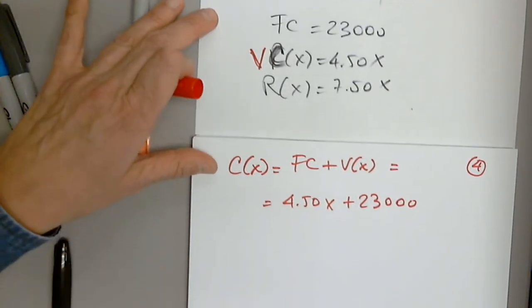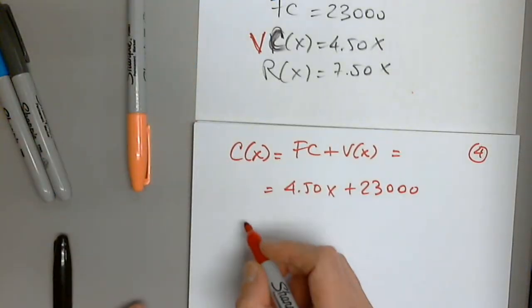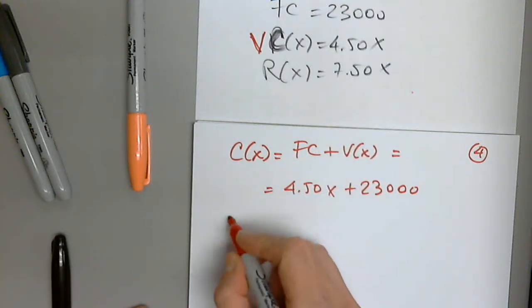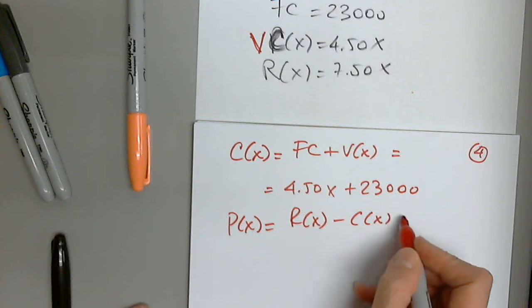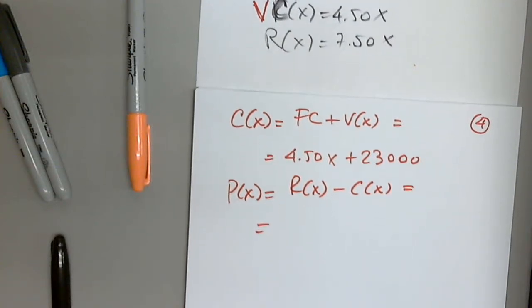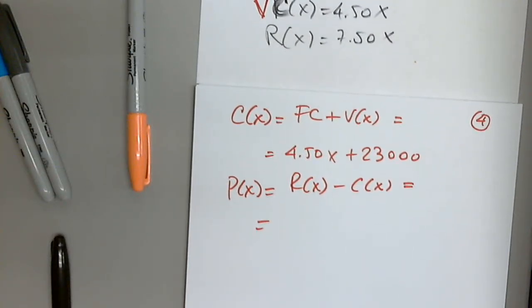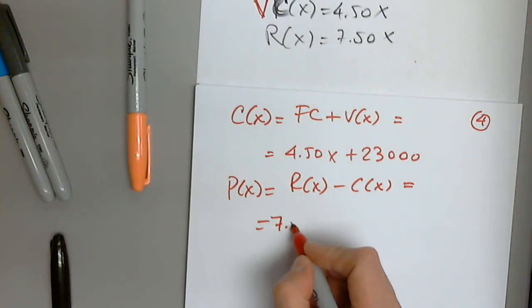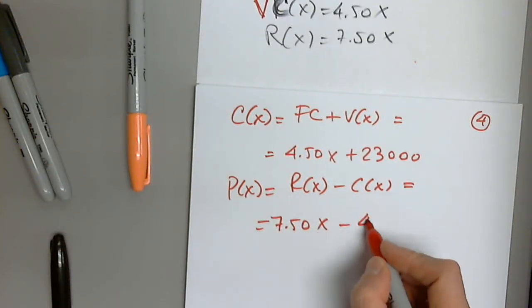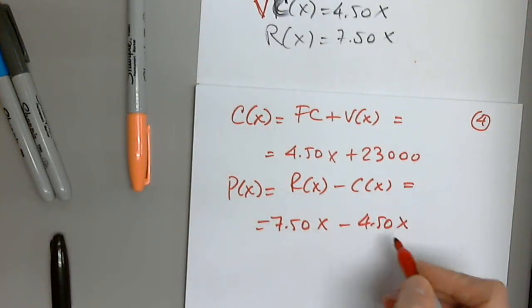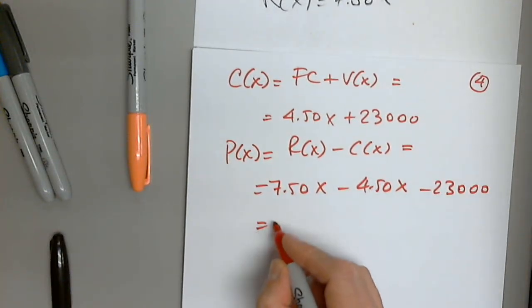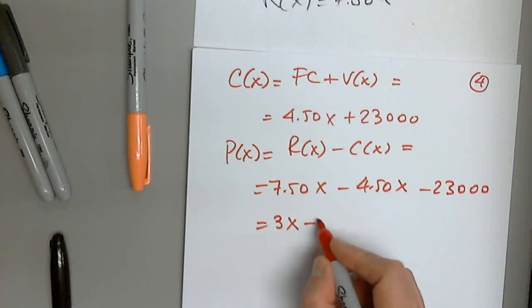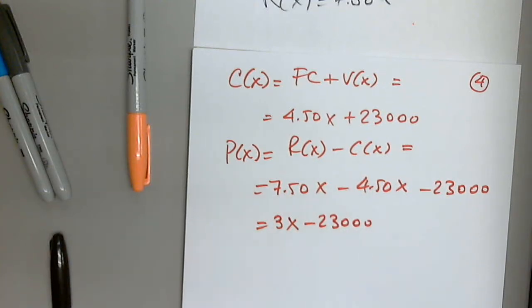This is the cost function. The revenue function is there, and the profit function is revenue minus costs. Please remember to remove or subtract all costs, meaning 7.5x minus 4.50x if you want, minus 23,000. So this ends up to be 3x minus 23,000.